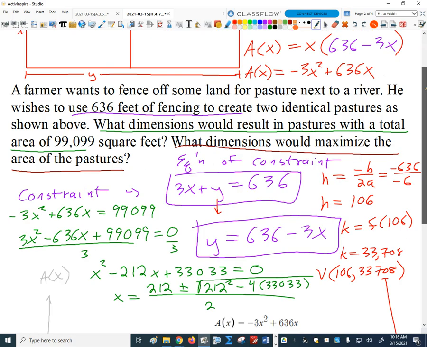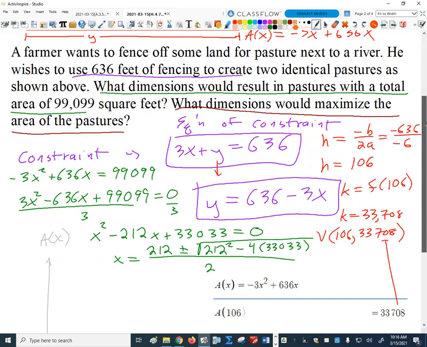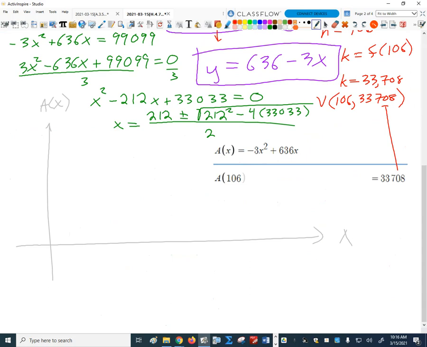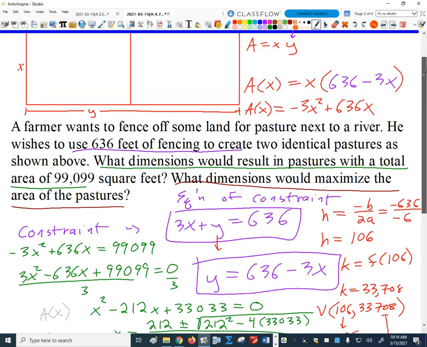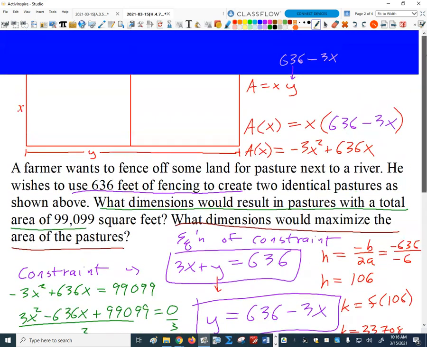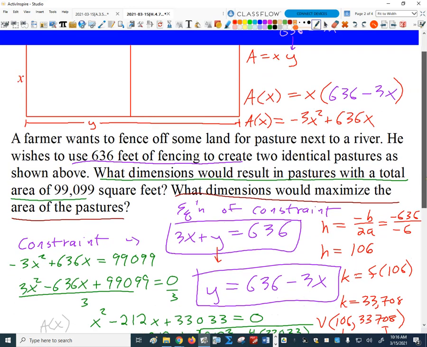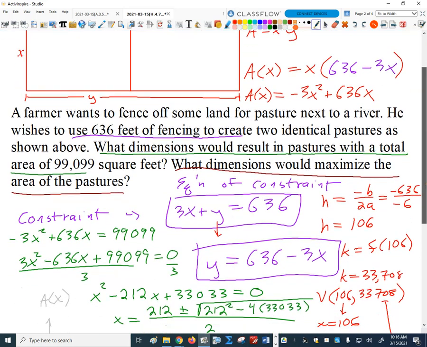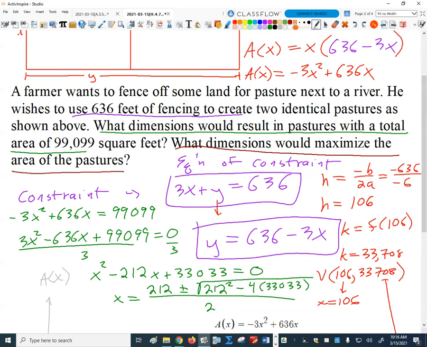And so they want to know what dimensions would maximize the area. So we know x is 106. How would I find the width then that goes with that? How would I find the width, or the length, whatever we call it, y?